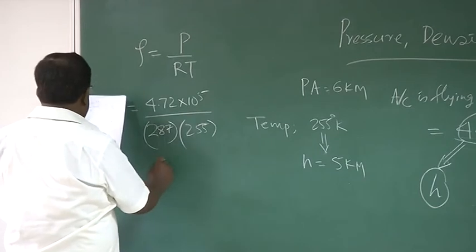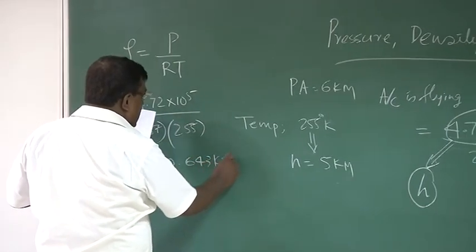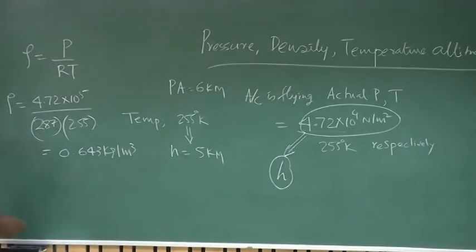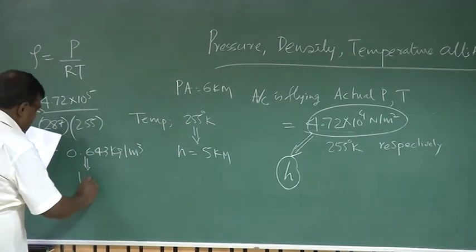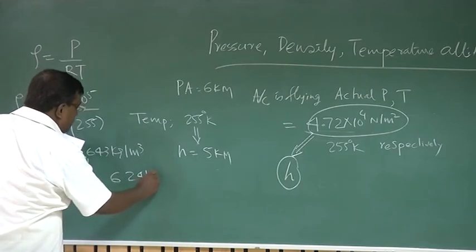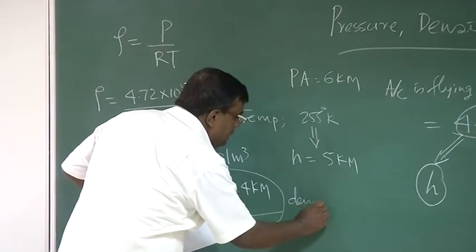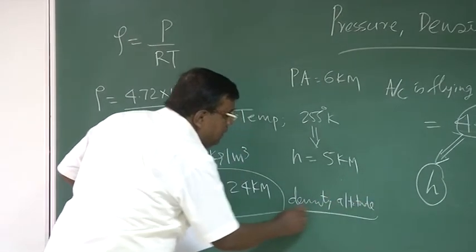So I get a density value 0.643 kg per meter cube. Now it's very simple. I go to standard atmosphere table and see this density corresponds to what value of H, and that H will be, in this case, 6.24 kilometer. So this becomes my density altitude. Correct?